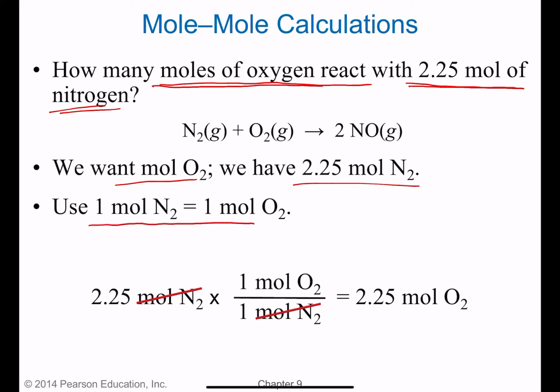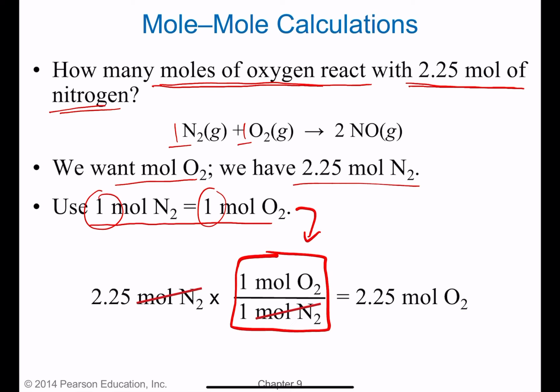And here's our mole ratio. This 1-to-1 mole ratio came from the balanced chemical equation. It's just the coefficients, those numbers written in front. We're going to use that as a conversion factor right here. So this is our mole ratio conversion factor. Starting off with 2.25 moles of nitrogen, we want to calculate moles of oxygen.